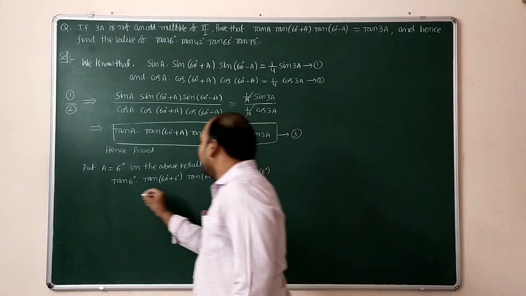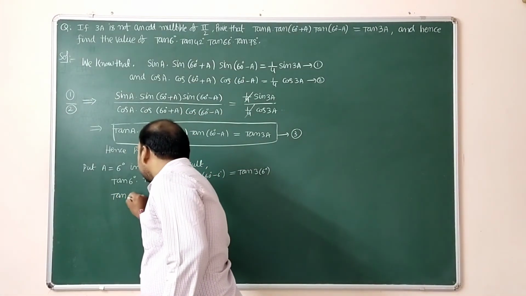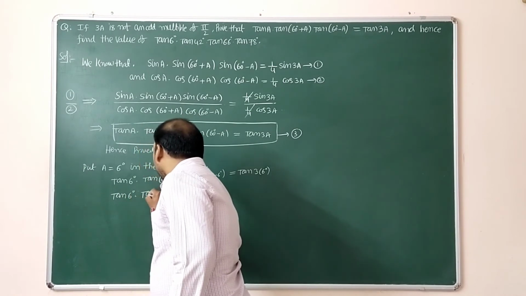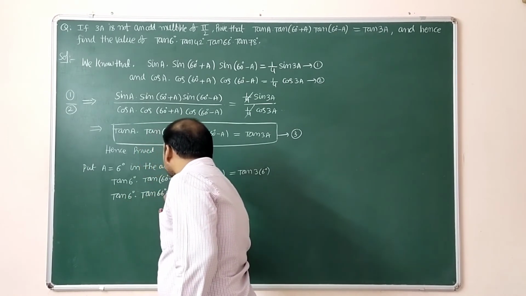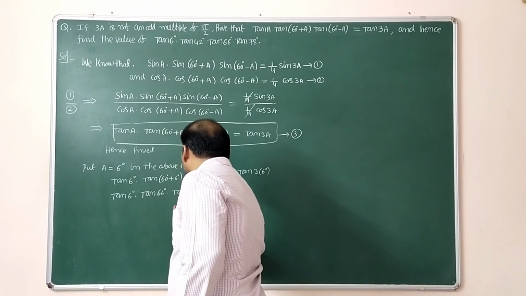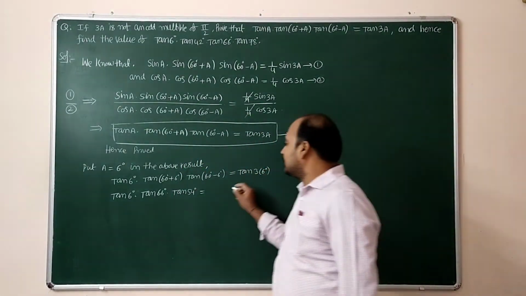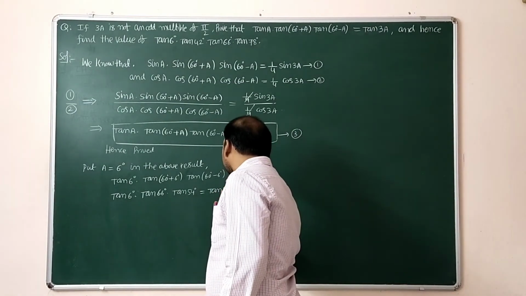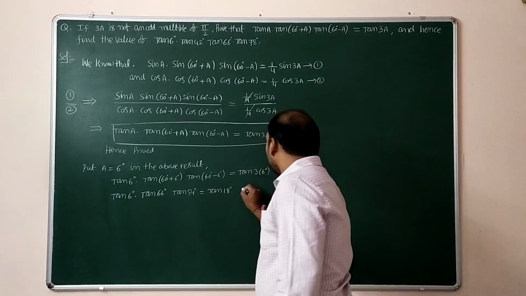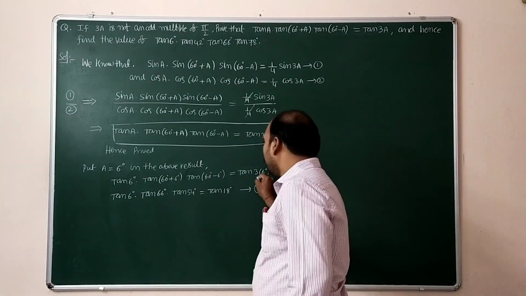So if we simplify, tan 6 degrees into tan 66 degrees into tan 54 degrees is equal to tan 3 into 6 degrees, tan 18 degrees. You put the result as number 4.